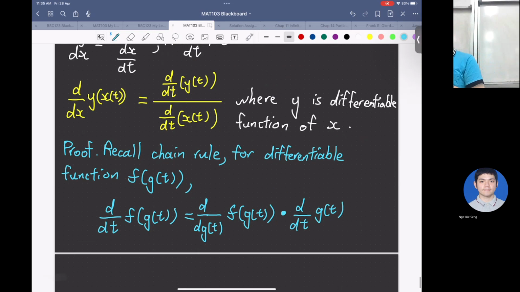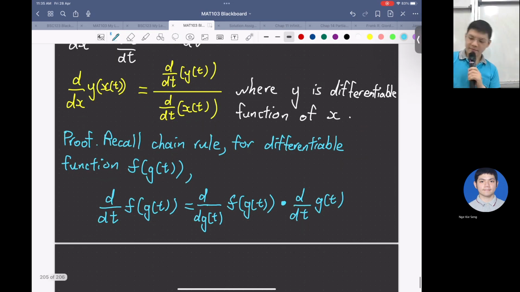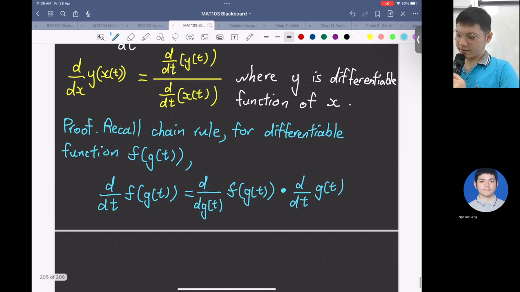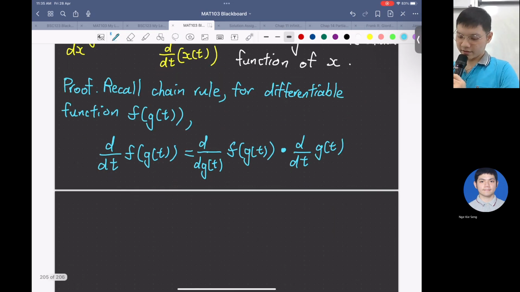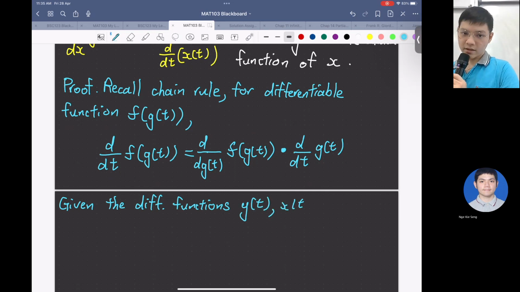So how do we apply this? What do we get? What do we have? In our case, we have three differentiable functions: y(t), x(t), and y(x).